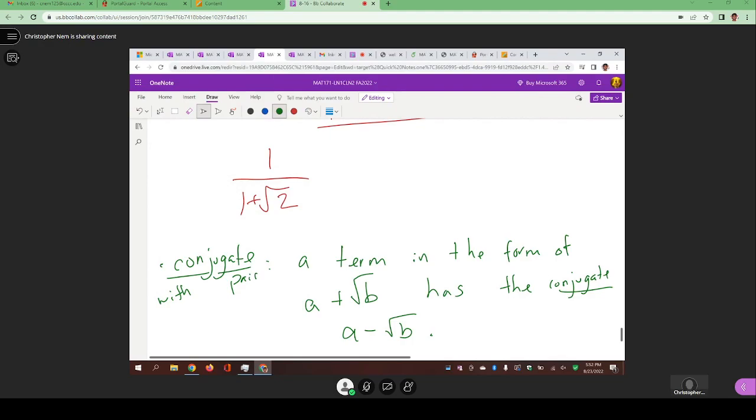It's the one that comes with that pair or the opposite of the pair. It's kind of like that twin or something. So conjugate.